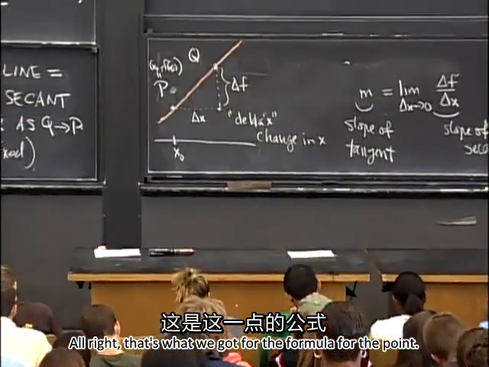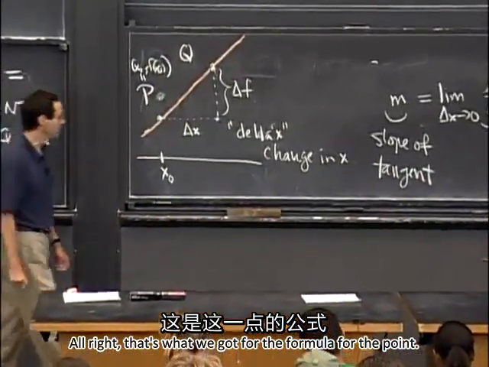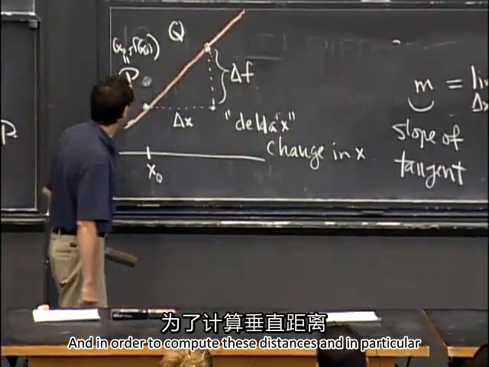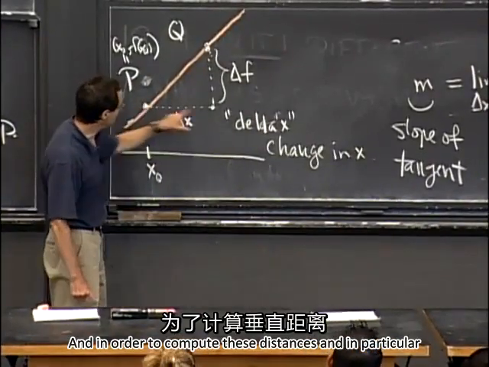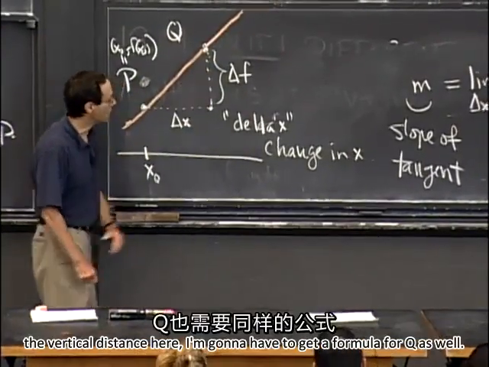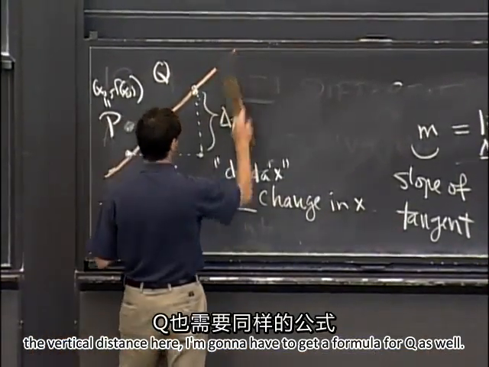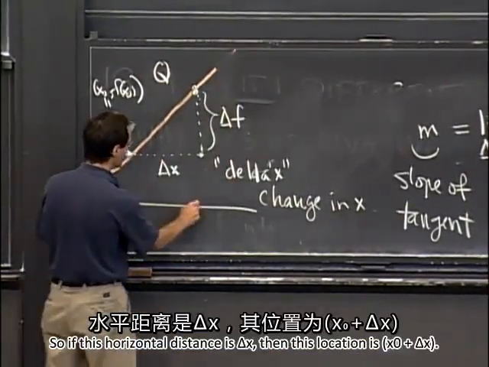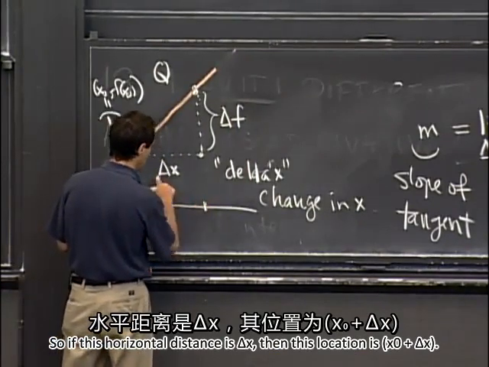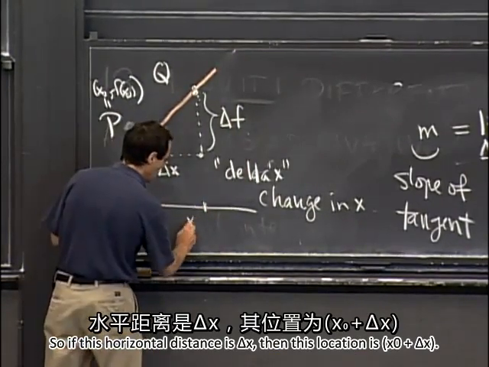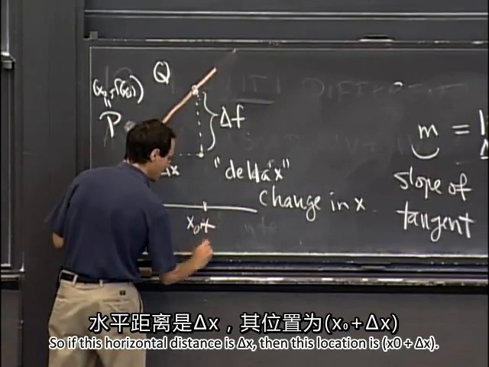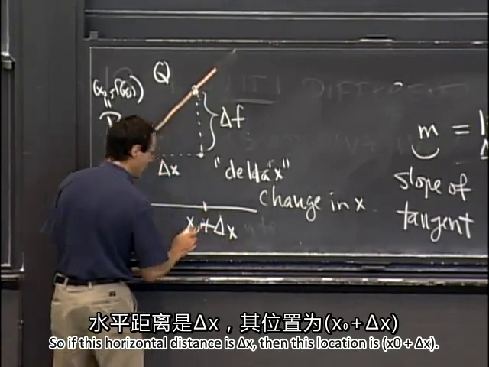All right, that's what we got from our formula for the point. And in order to compute these distances, and in particular the vertical distance here, I'm going to have to get a formula for Q as well. So if this horizontal distance is delta x, then this location is x0 plus delta x.